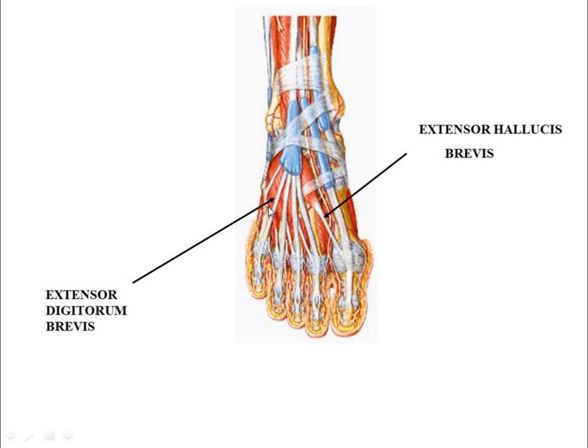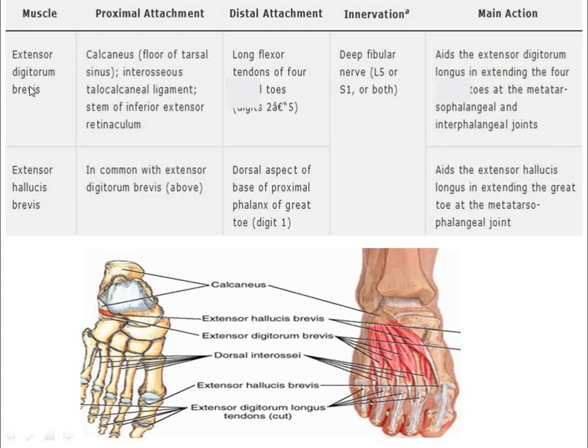In fact, there were two more muscles present in the dorsum of the foot, which are being supplied by the deep peroneal nerve. These are short muscles, extensor digitorum brevis and extensor hallucis brevis, present on the dorsum of the foot. Of course, they are helping: extensor digitorum brevis helping the extensor digitorum longus, and extensor hallucis brevis helping the extensor hallucis longus.